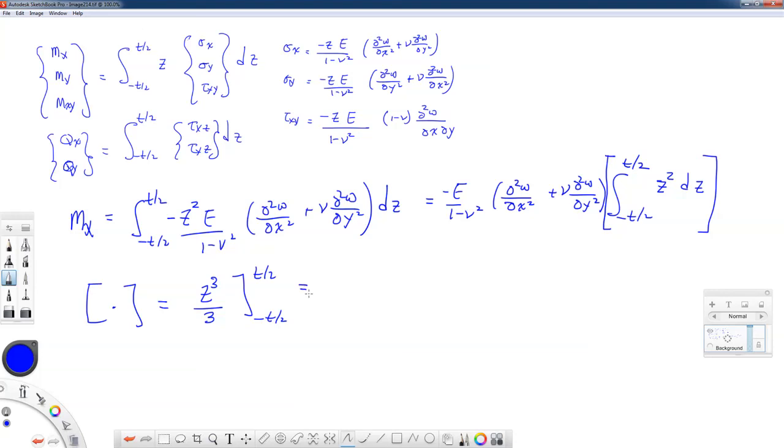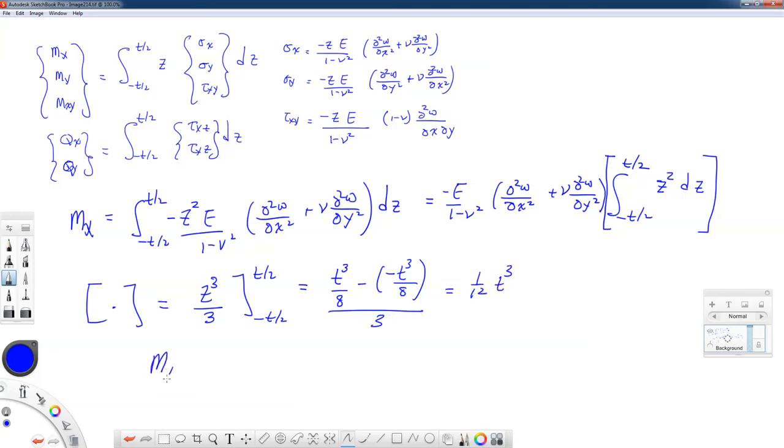Now, 2 cubed is 8, so we're going to have t cubed over 8, minus a negative t cubed over 8, all of that over 3. And so this is 1/4 t cubed over 3. This would be 1/12 t cubed.